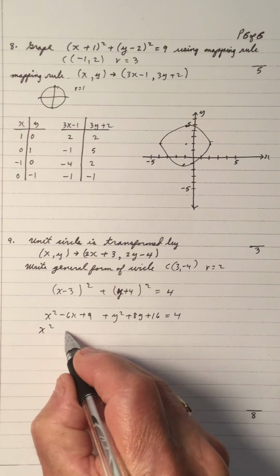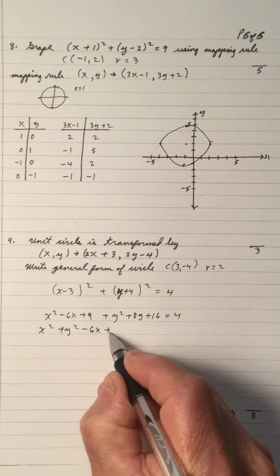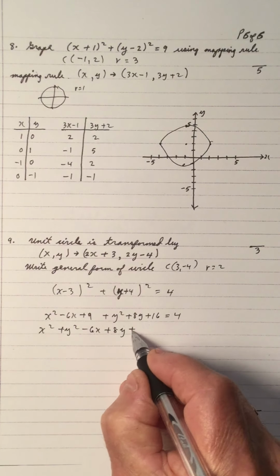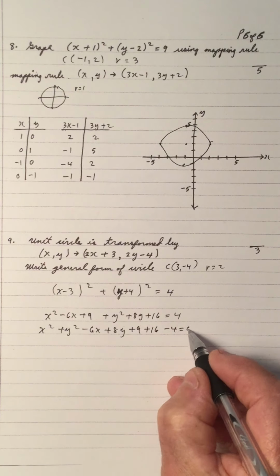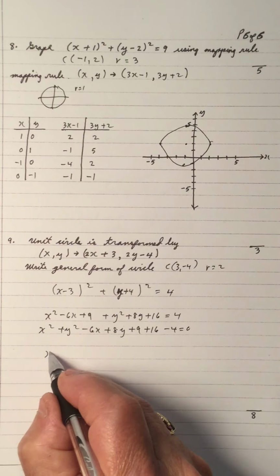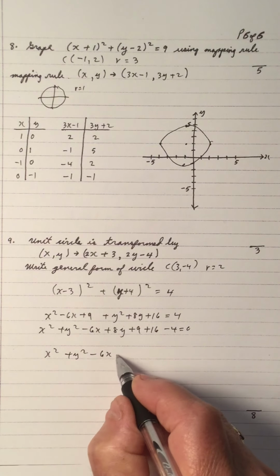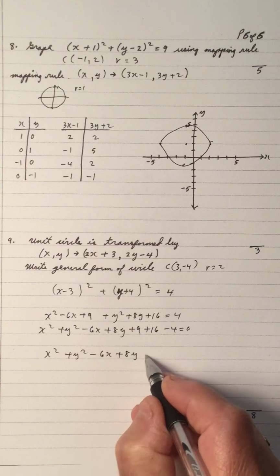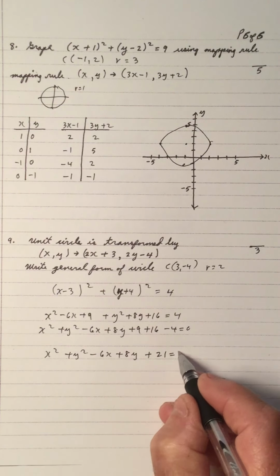So we get x squared plus y squared minus 6x plus 8y plus 9 plus 16 minus 4. And we have x squared plus y squared minus 6x plus 8y plus 25 minus 4 is 21.